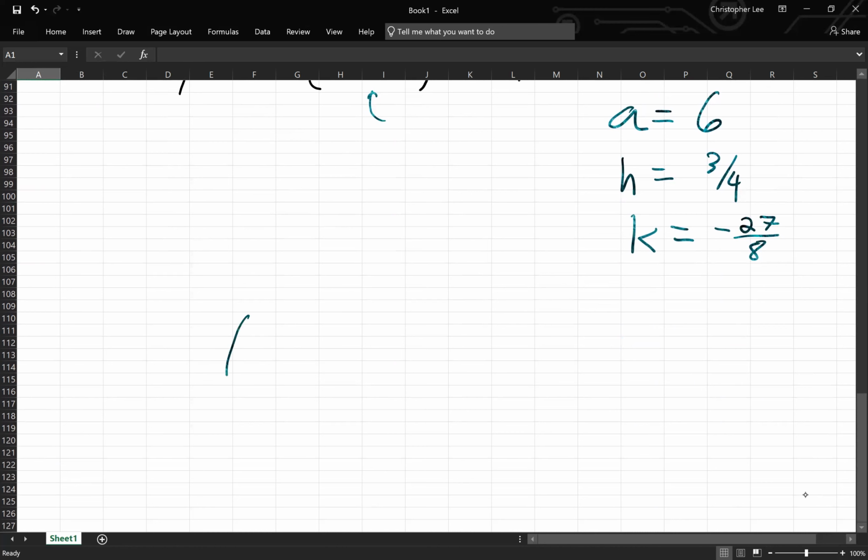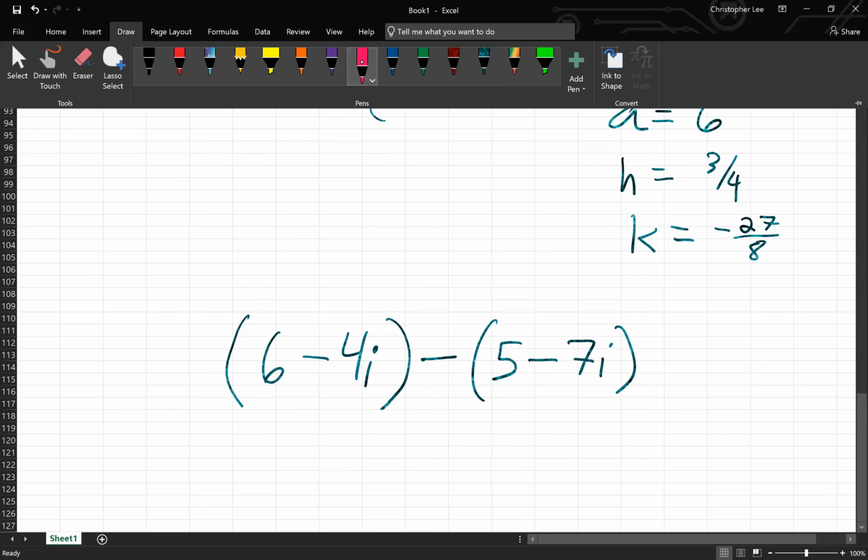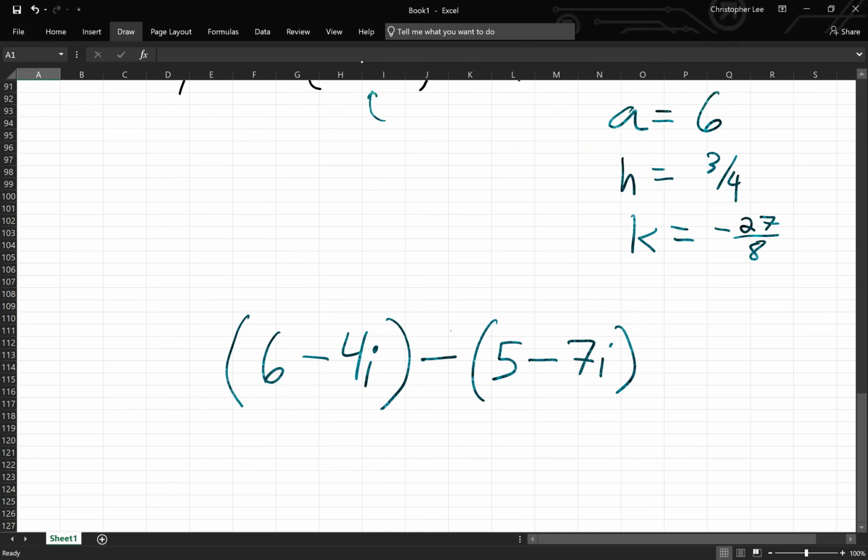All right, so open parentheses, 6, negative 4i. That's it? Okay. All right. So for this, just go ahead, tell me if you want. So distribute the negative, yeah.